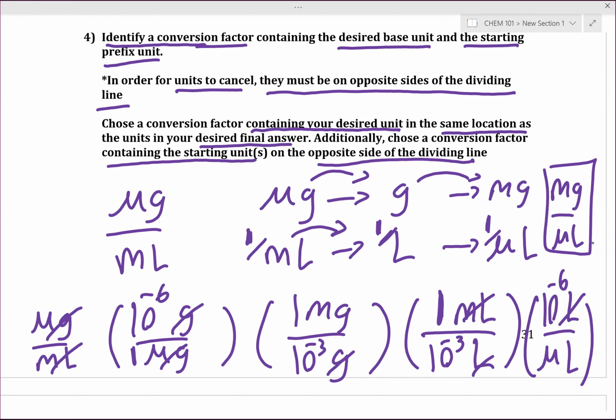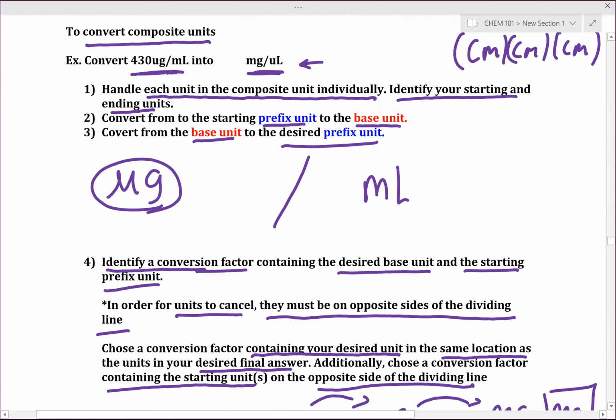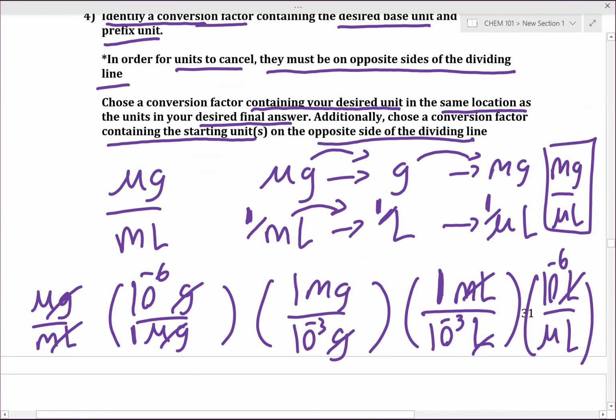So all we need to do now is go to the original problem, find our number, 430, and plug it in. So we're going to plug in 430 into this expression. Notice how, for unit conversions, we're really just looking at the units. The number is added at the end. The number is just whatever we start punching into our calculator.